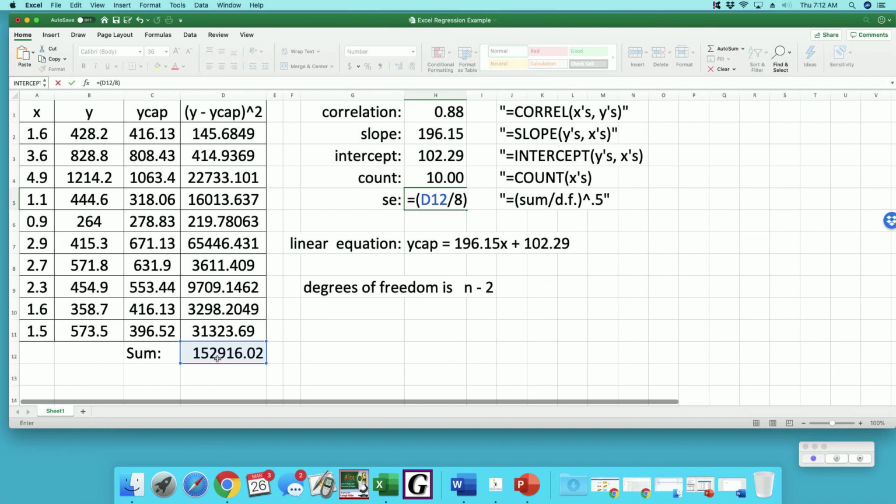Divide. Then we're going to go get our chevron, which is shift 6, and we're going to do 0.5. That is taking the square root, and press enter. So in this case, our standard error of our data is 138.26. Now you are going to try this same technique with your data set that's in the assignment.